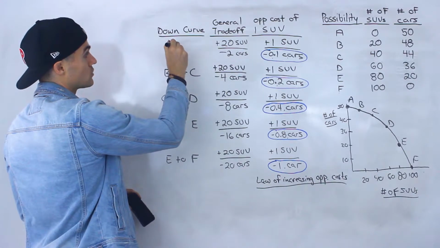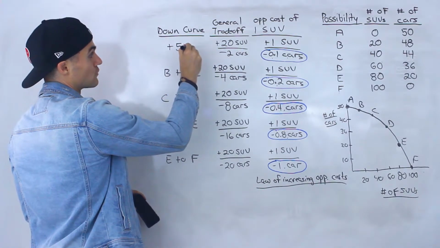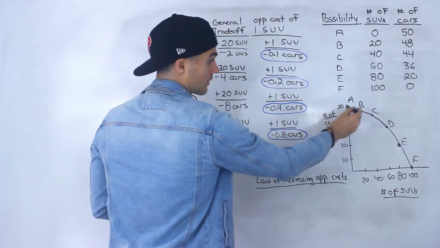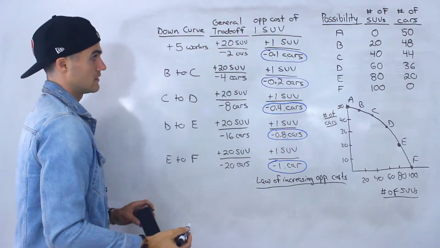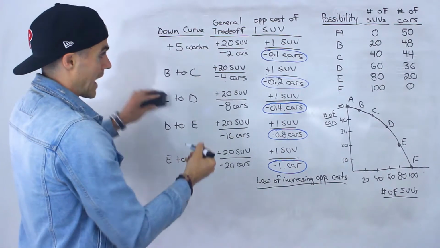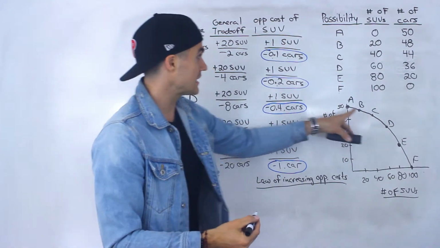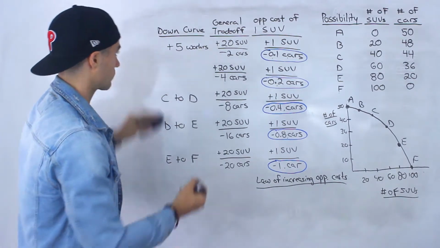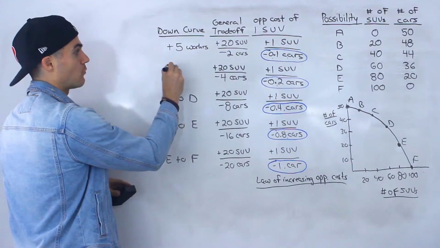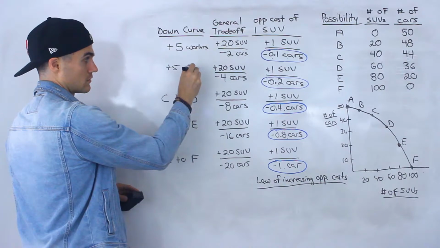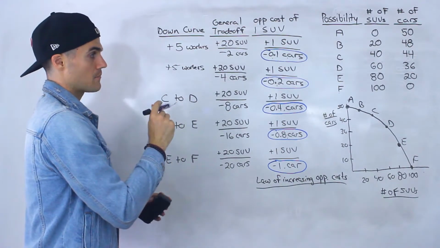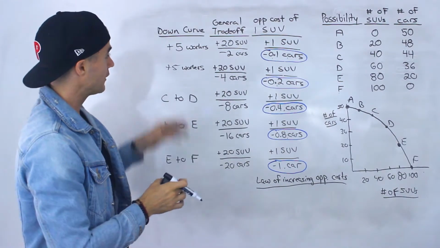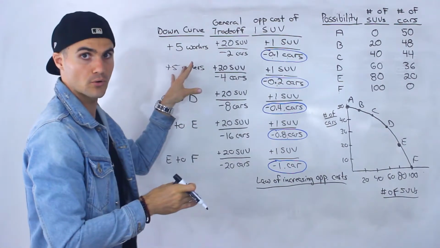So let's say that you shift 5 workers to go from here to here. But then what's going to happen is to go from B to C to produce another 20 SUVs, you're going to have to shift 5 more workers from the car department to the SUV department. And now you're going to have 10 workers in total.